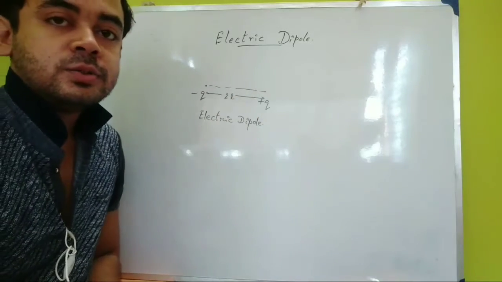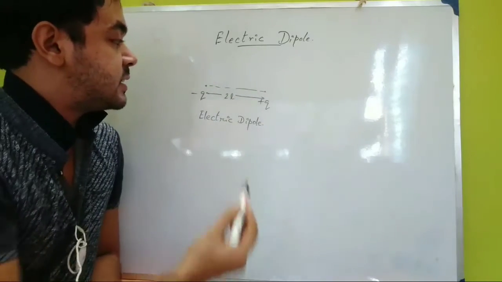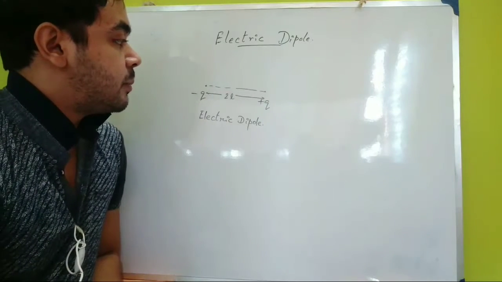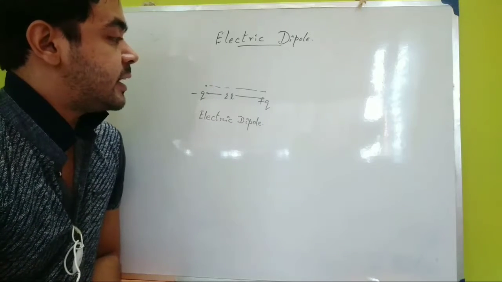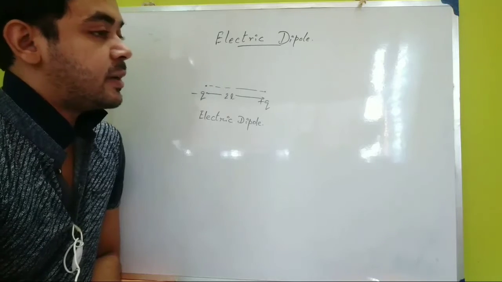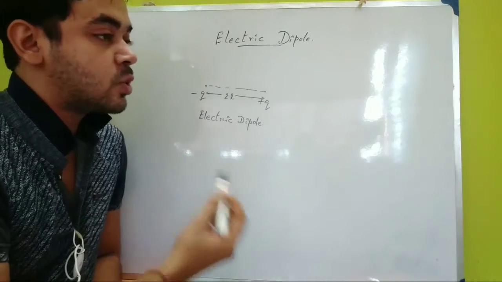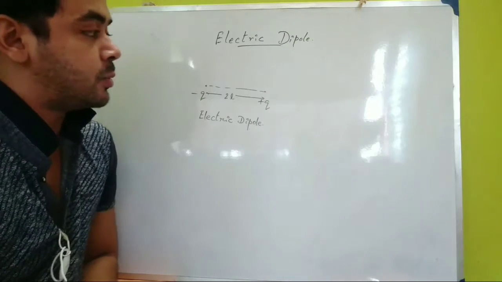So if two charges of equal value but opposite in sign are separated by a small distance, the system is called an electric dipole.